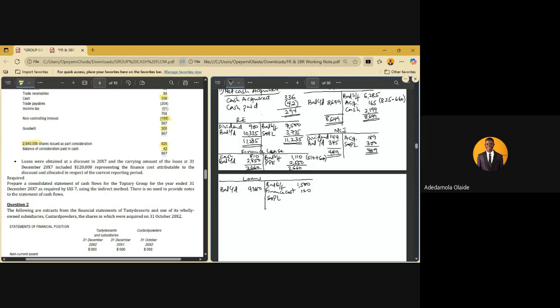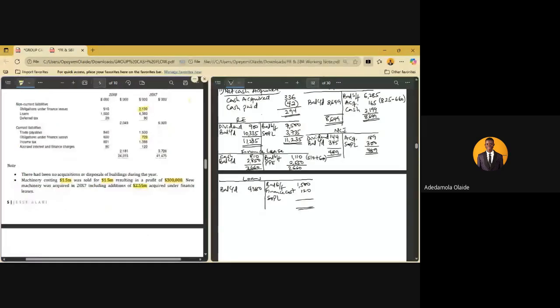That means we got more cash from loan during the year. And how much will that be? 2760.